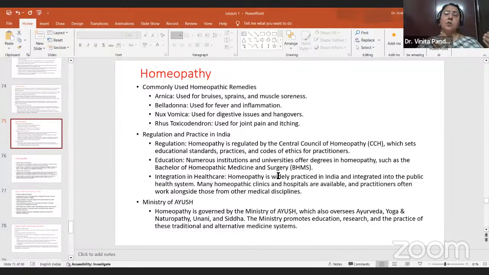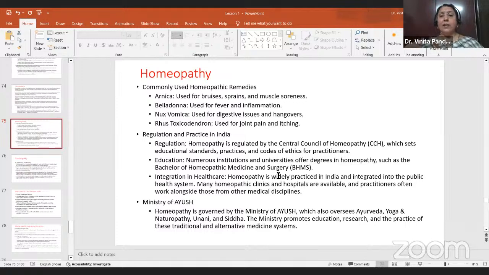Commonly used homeopathic medicines include arnica and belladonna. Arnica is used for bruises, sprains, and muscle soreness. Belladonna for fever and inflammation. Nux vomica used for digestive issues and hangovers. Plus toxicodendron, see, it's again a tongue twister, used for joint pain and itching.